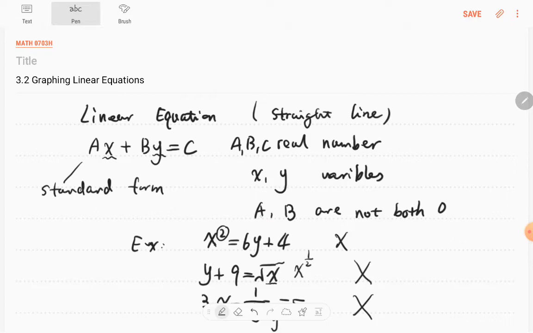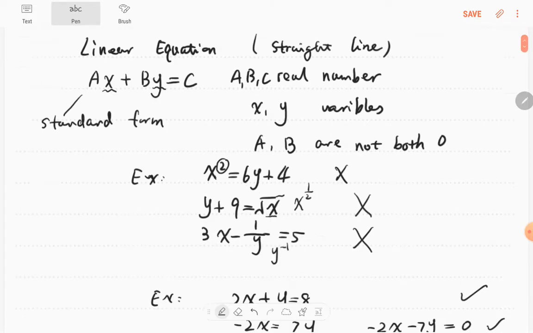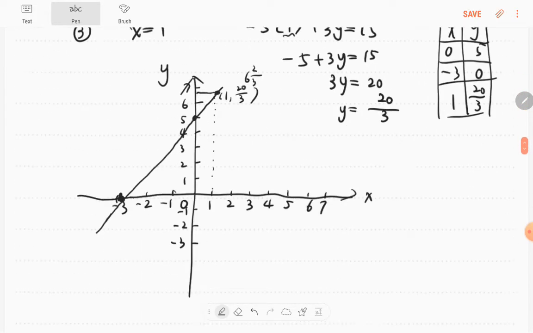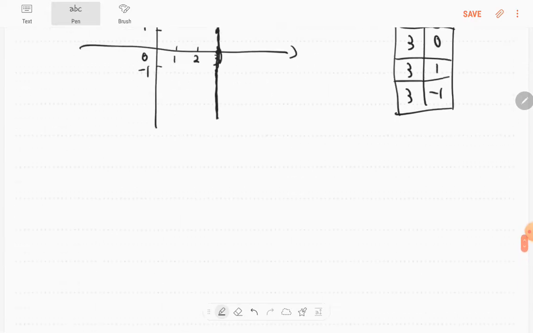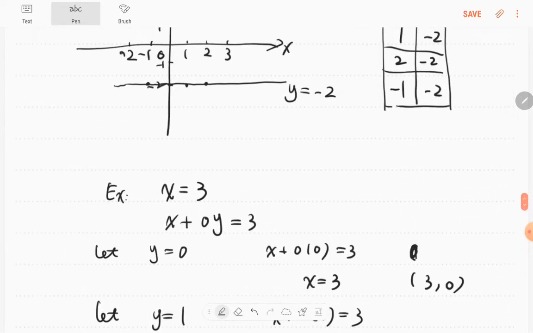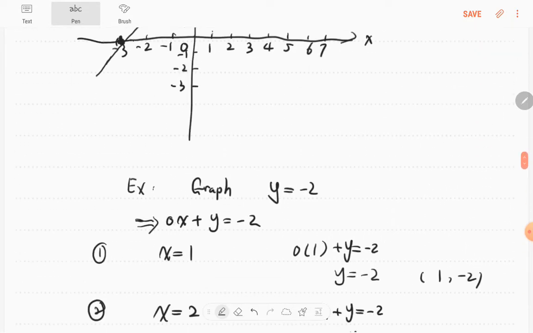So if one of the coefficients is 0, the other one should be not 0. So just like in this example, the coefficient of y is equal to 0, then we only have an x term. If the coefficient of x is equal to 0, we only have a y term.